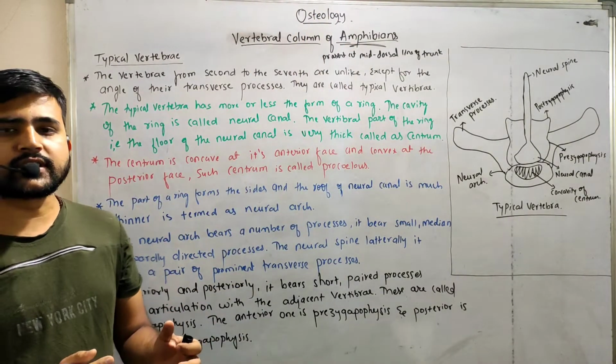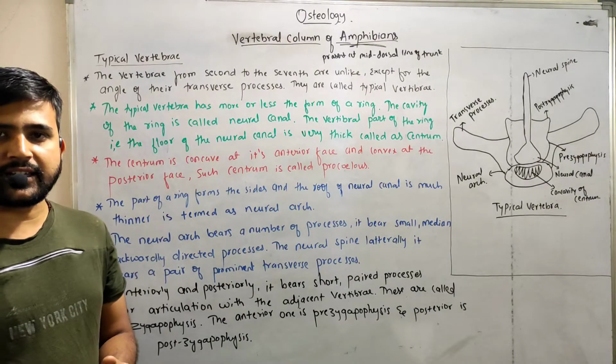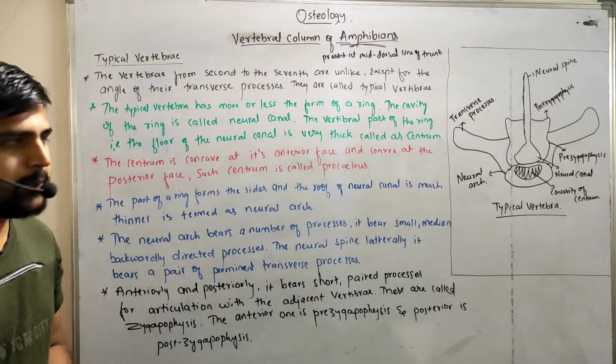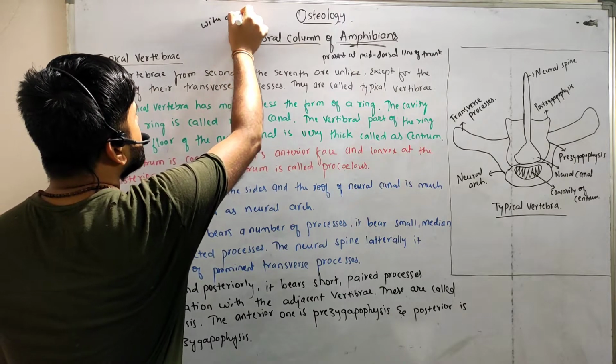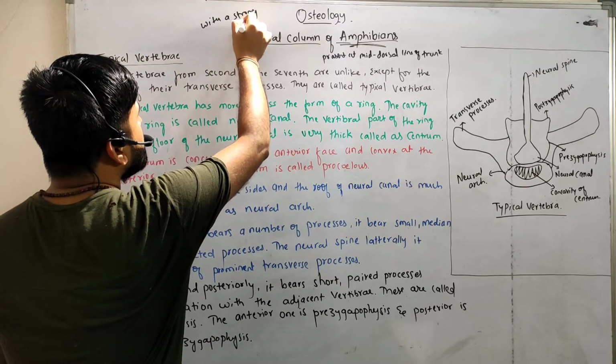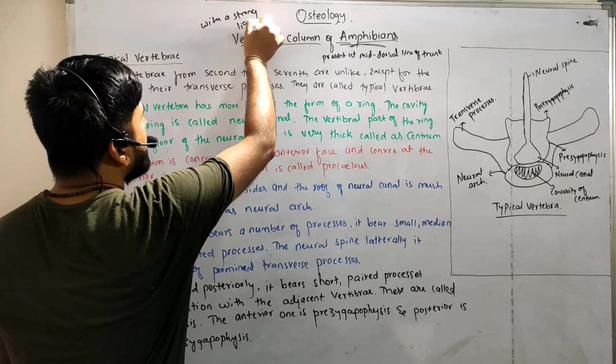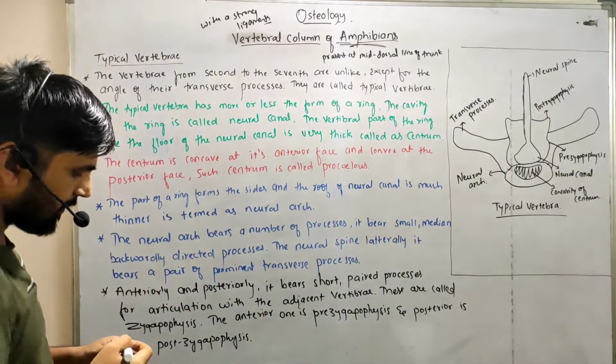Those bones get arranged one behind the other with strong ligaments. So what do we mean by ligaments?